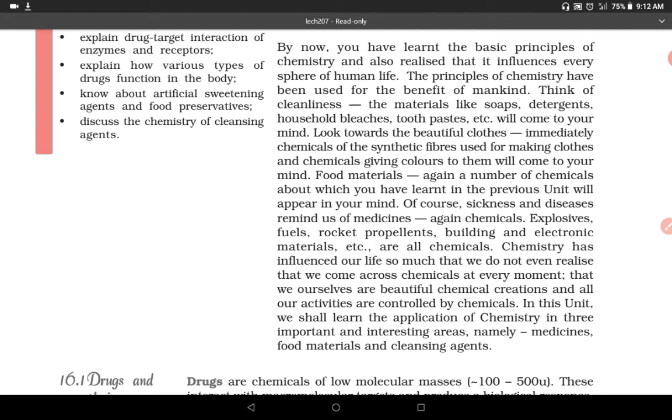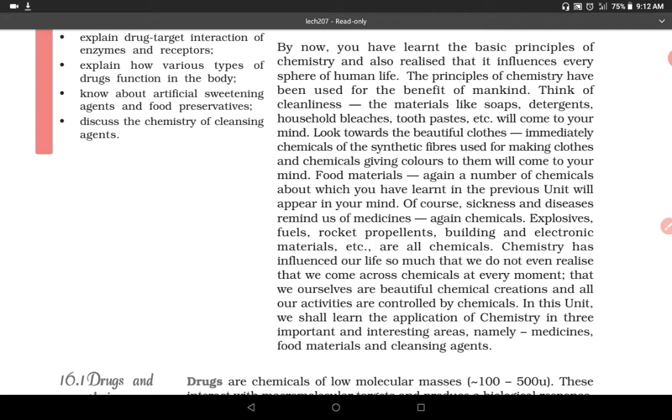Food materials, again a number of chemicals about which you learned in the previous unit, will appear in your mind. Of course, sickness and disease remind us of medicines, which are hugely useful.